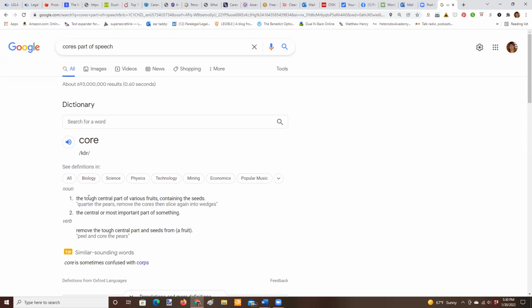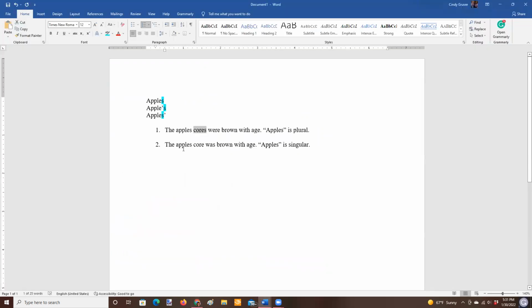Or are we referring to the tough central part of various fruits containing the seeds? So are we talking about the action or are we talking about the part? The apple's cores were brown with age. It seems to me we're actually talking about the structure here. And so it seems like cores is a noun.